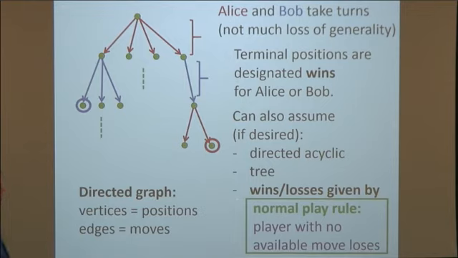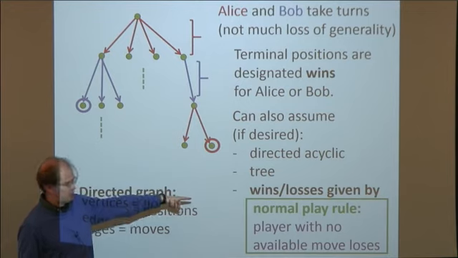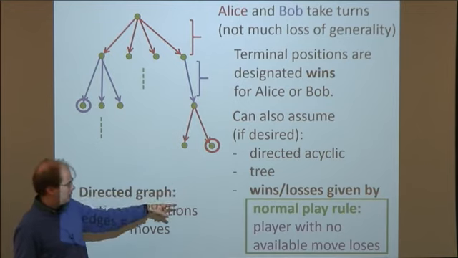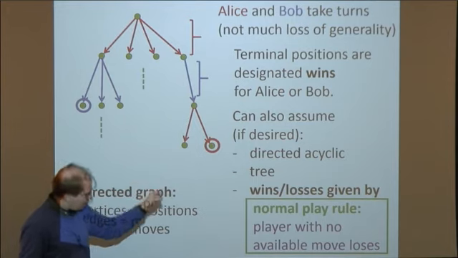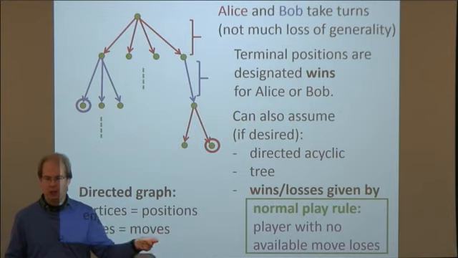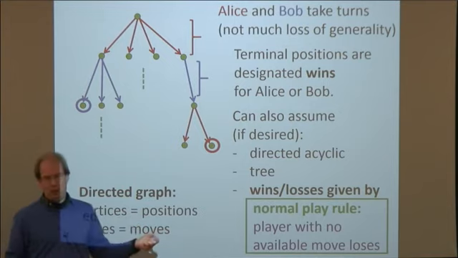Finally, and this is kind of important to note, you can assume that the way you decide whether it's a win or a loss is by what's called the normal play rule in combinatorial game theory. The rule is simply that if you have no possible moves when it's your turn, then you lose, and the other player wins.